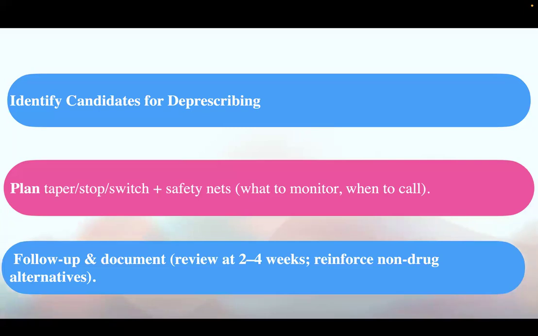So when you are collecting medicines from the patient, then aligning with the care plan, and then assessing the list, now you will have a clear idea in your mind whether this candidate fits into the deprescribing category or not, whether I should perform deprescribing or not. Okay. If yes, then the fifth step will be there. That is a plan to taper, stop, or switch. Whether you need to decrease the dose, stop, or switch to an alternate agent.